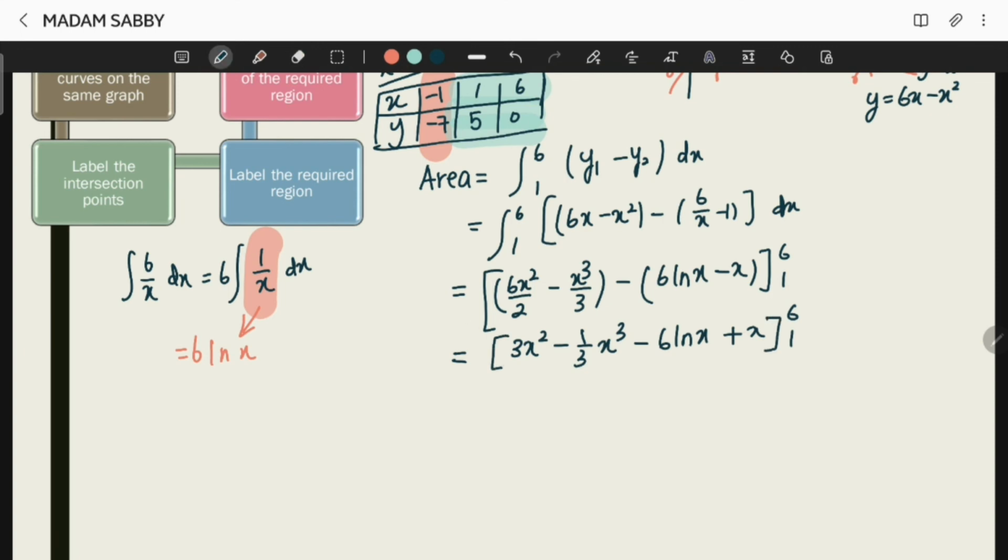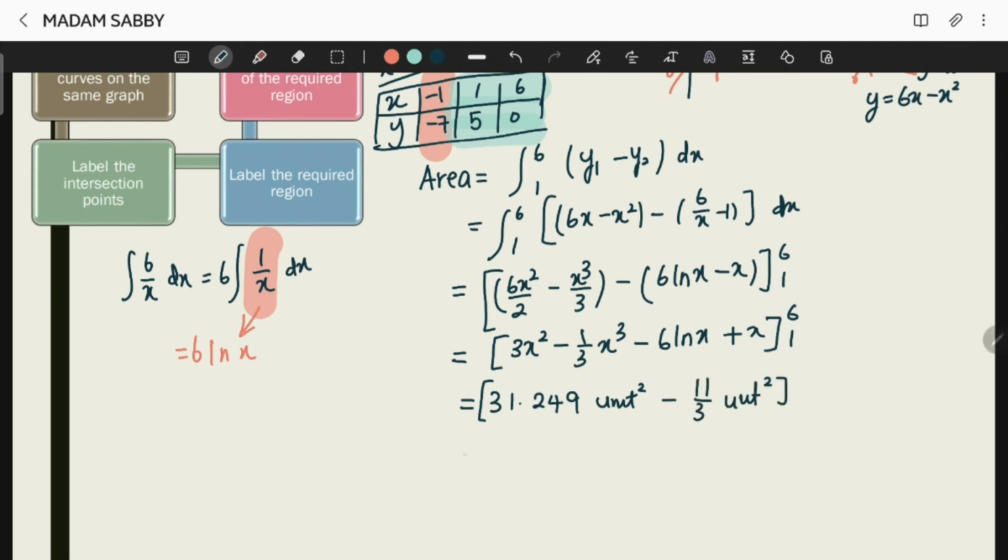Then we're going to substitute. When your x equals 6, you will get the answer to be 331.249 unit square, minus, when your x equals 1, which is equivalent to 11 over 3 unit square.